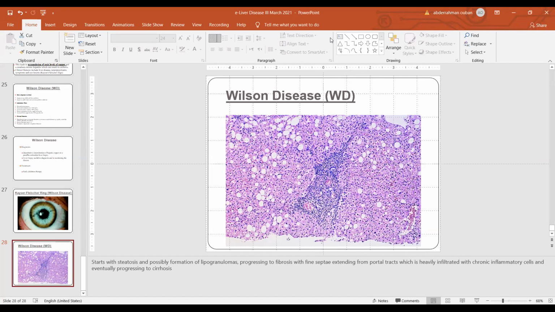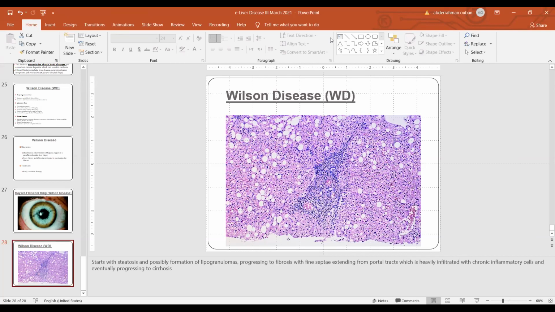When it reaches the other portal triad, which is probably doing the same, having portal triaditis and spilling over into the lobule, extending an arm towards the advancing inflammation from the other portal triad, when they meet, that's going to be bridging necrosis.